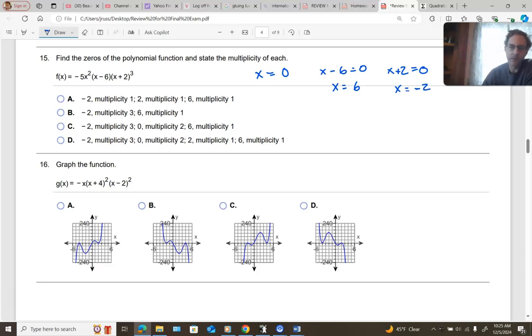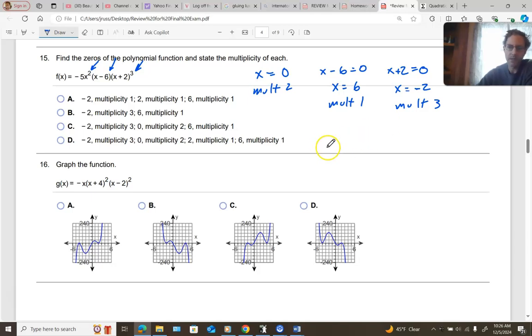Okay, so this first 0 has a multiplicity of 2 because that factor occurred twice. The second 0 has a multiplicity of 1 because that factor only occurred once. And the last 0 has a multiplicity of 3.